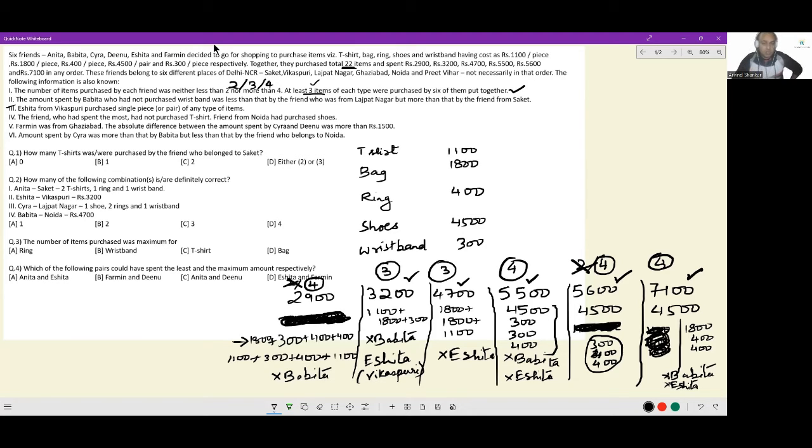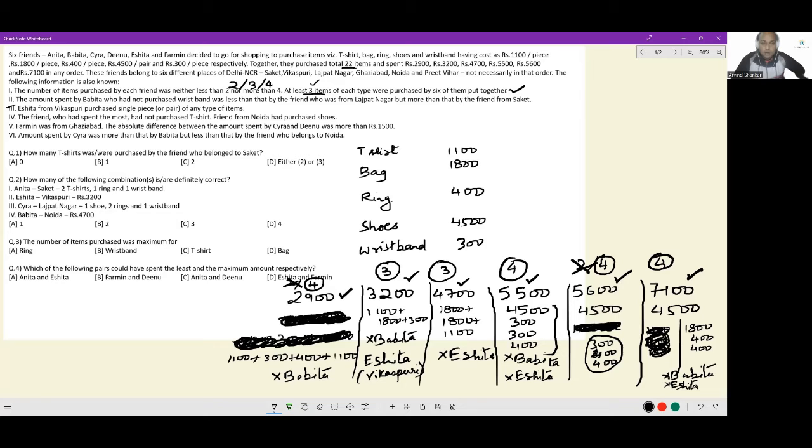The third t-shirt cannot be bought, so even this case is now ruled out. Now even for 2900, we know precisely the split that exists. We know Ishita from Vikaspuri is here, but apart from that, nothing else can be definitively said.